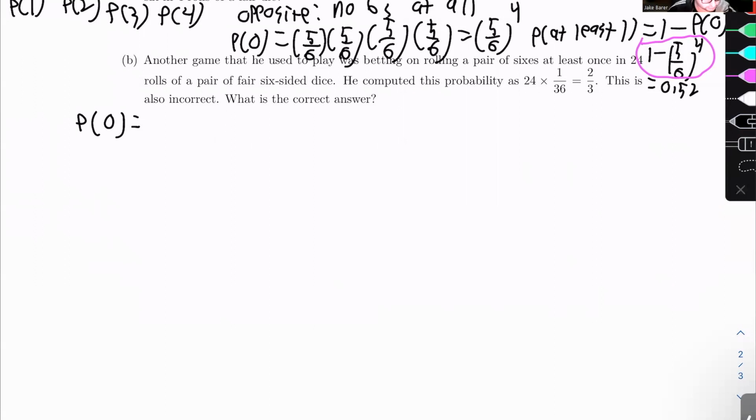There's 6 faces on one, 6 faces on the other, and you roll them independent of each other. So there are 36 different outcomes, right? Is it 36 or is it 36 times 2? Why is it 36 instead of 72?